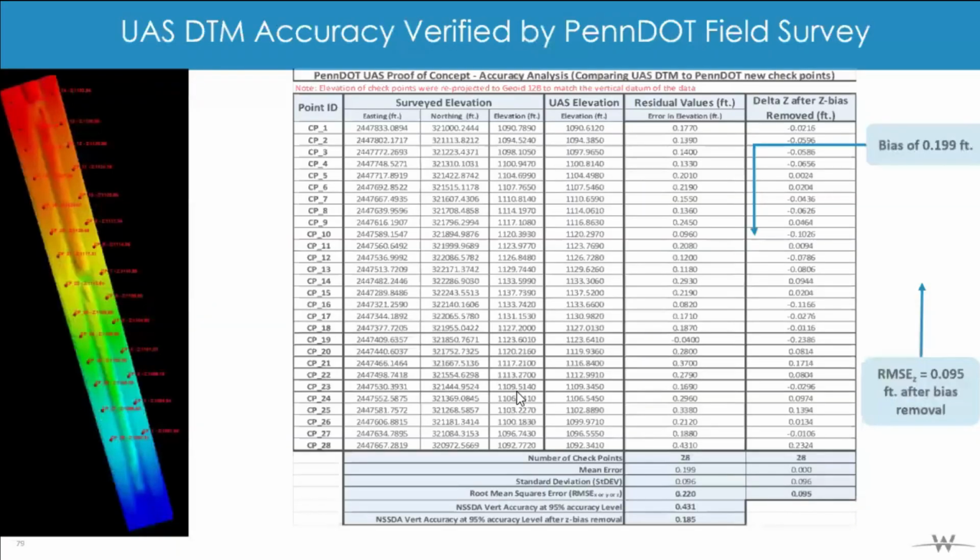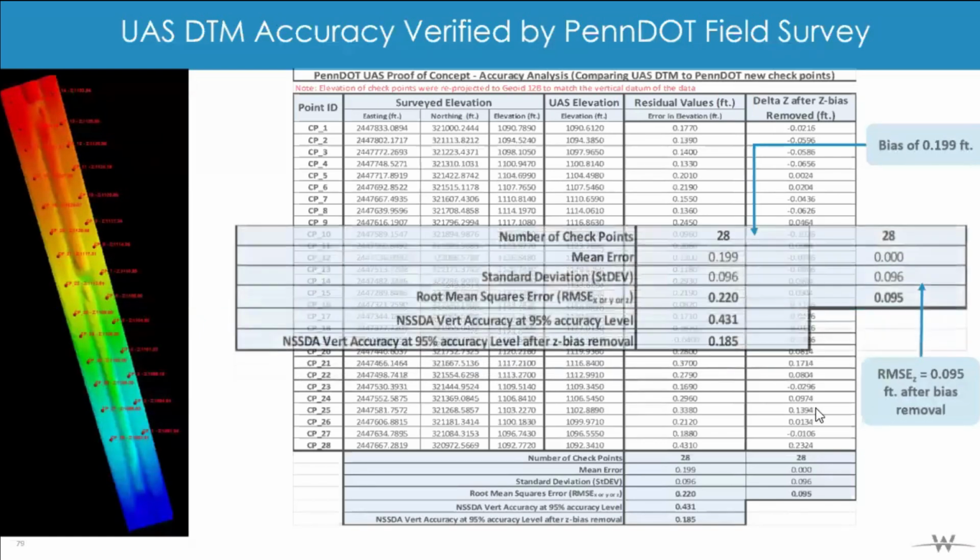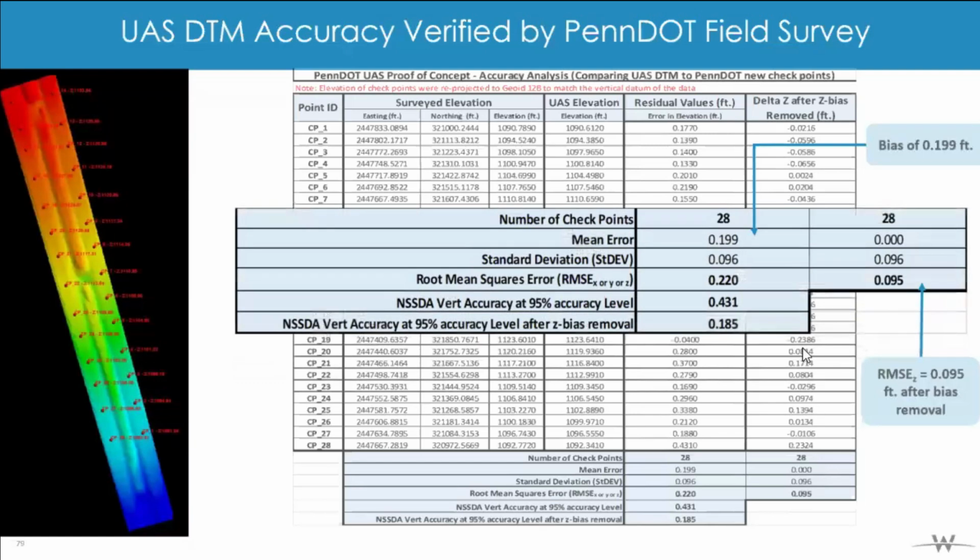And so what PennDOT did, they went after us after we delivered the data, and they surveyed 28 independent checkpoints, 14 on the northbound, 14 on the southbound, and they did their analysis on the accuracy. And look what we found here.